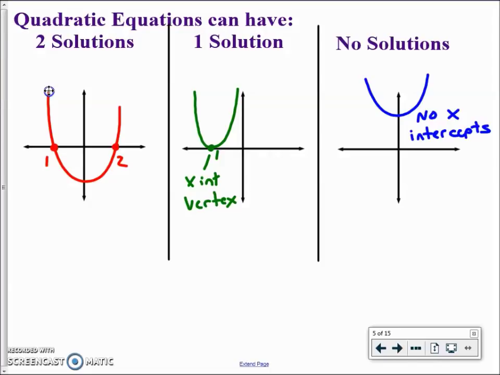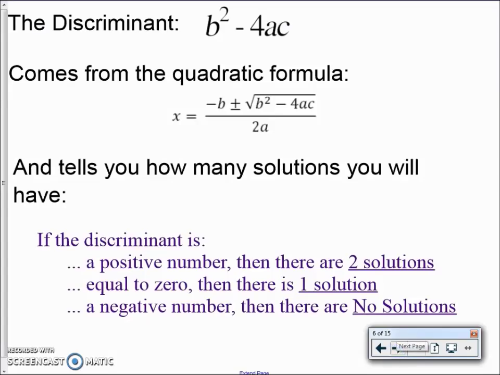With that in mind, let's talk about the part of the quadratic formula under the radical sign known as the discriminant. The discriminant comes from the quadratic formula, and the discriminant is b squared minus 4ac. It's the part under the radical in the quadratic formula, and it tells you how many solutions you'll have.